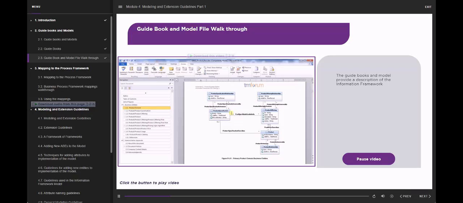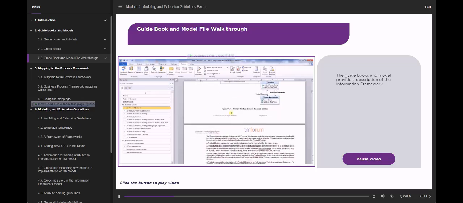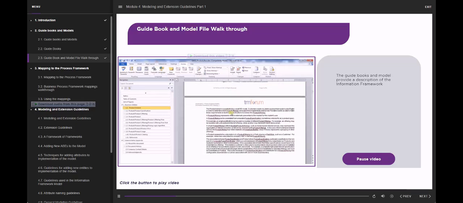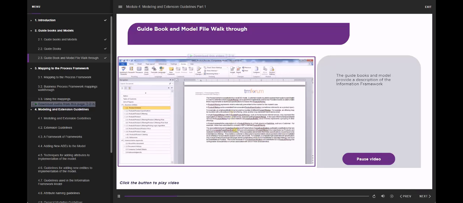Many guidebooks start with this type of overview diagram. Here's an explanation of the diagram which follows and/or precedes each one.